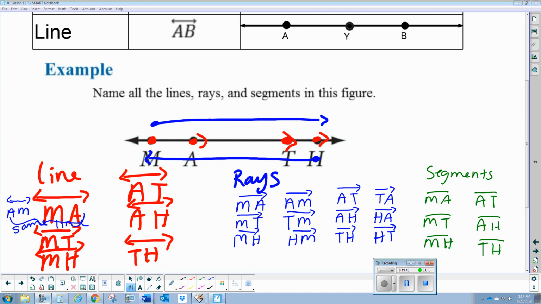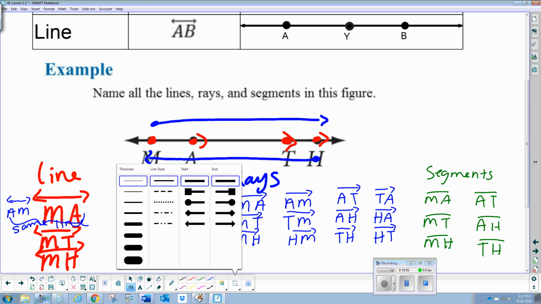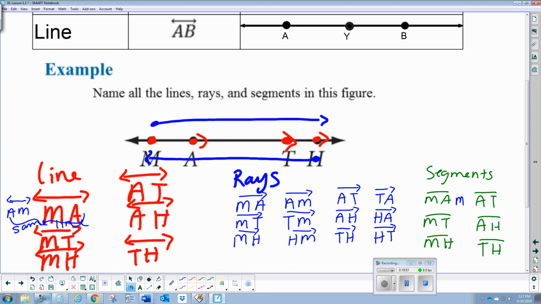There's no arrows on it. And again, segment MA is the same as segment AM. But it's a different segment than segment MT because it has different endpoints, and it's different than MH because it has different endpoints, and so on.